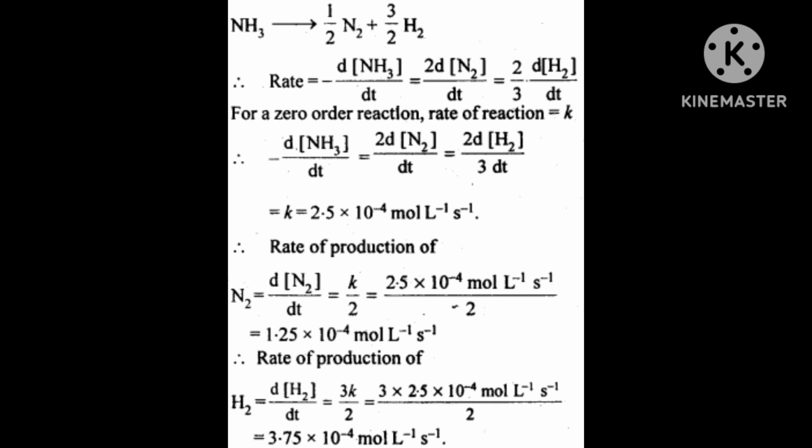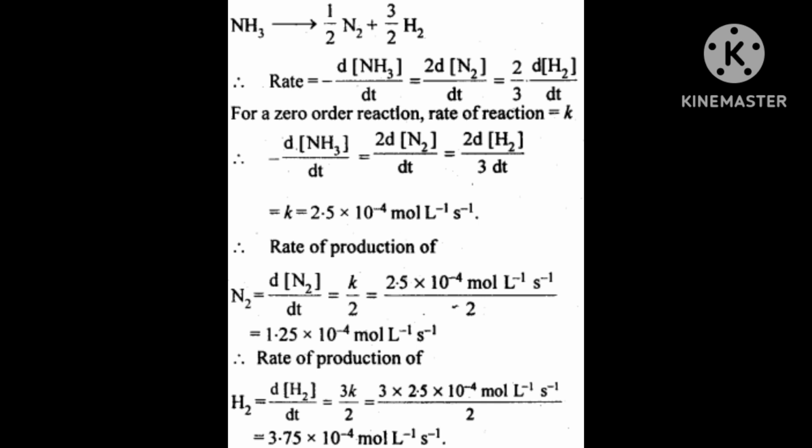Okay, from 0 to the point where this straight line is cutting the y-axis, that is called the intercept, and that is the value of ln r0.